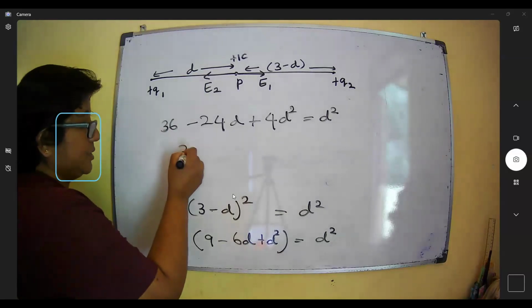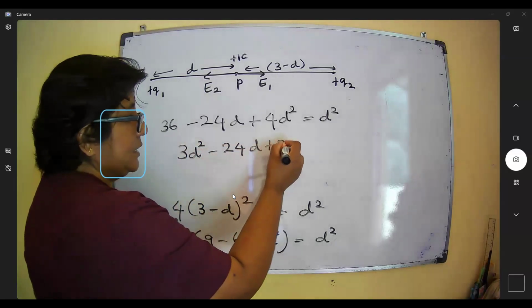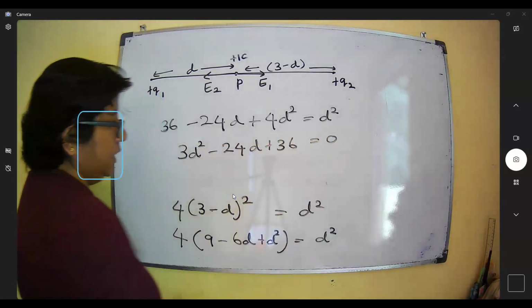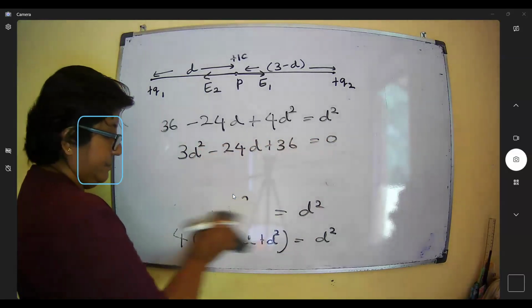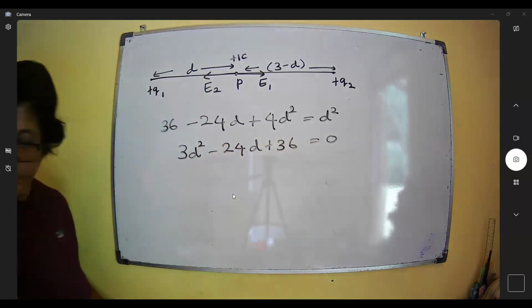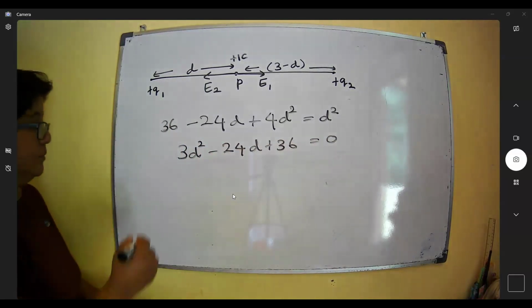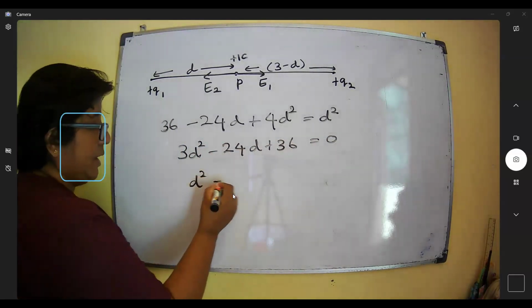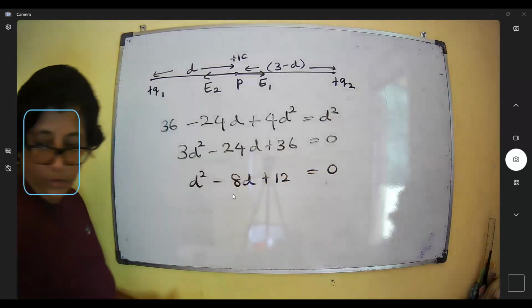The equation reduces to 3D squared minus 24D plus 36 equals 0. Again, we can divide this equation by 3. D squared minus 8D plus 12 is equal 0.